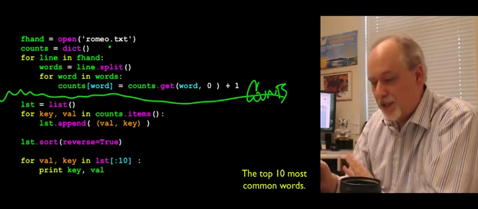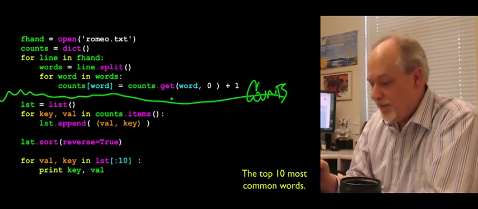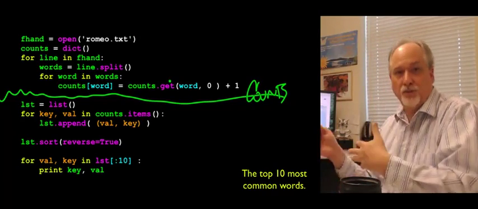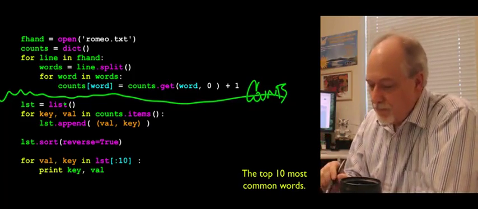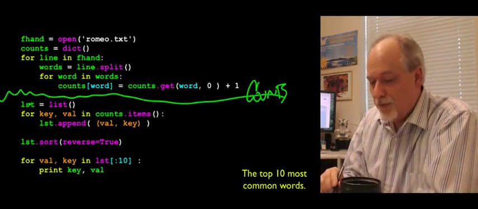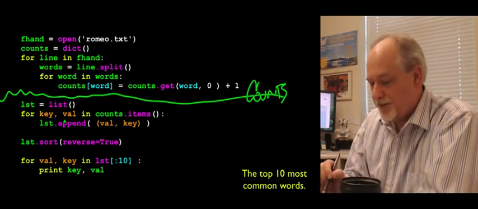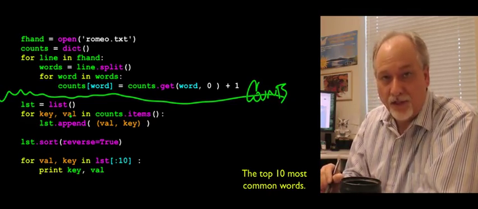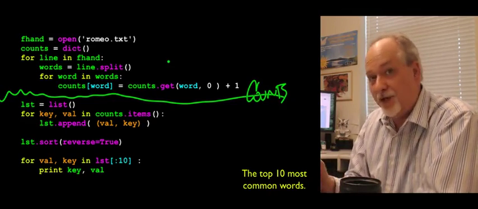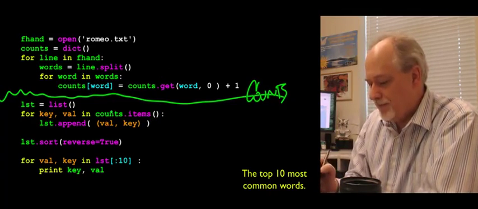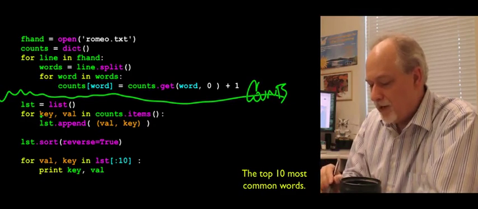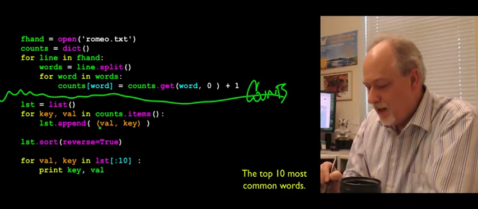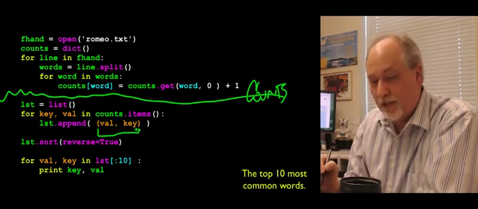Okay, so this is something we've done before. It's just dictionaries, reading, splitting, and then this pattern of how to accumulate in a dictionary. Then what we're going to do is make a new list called lst, and now we're doing this key, value in the items, so this is going to go through the key value pairs from the dictionary, right? But then we are going to create this temporary list of tuples that are val, key.